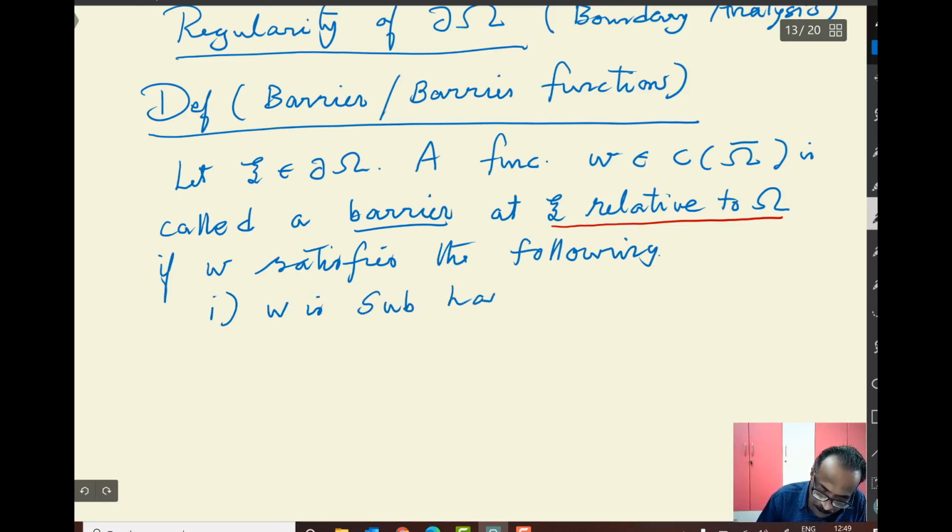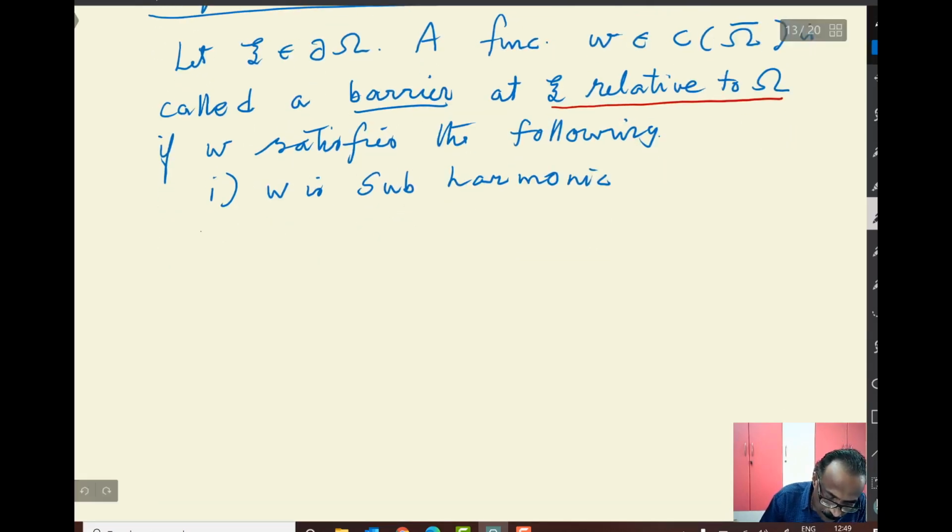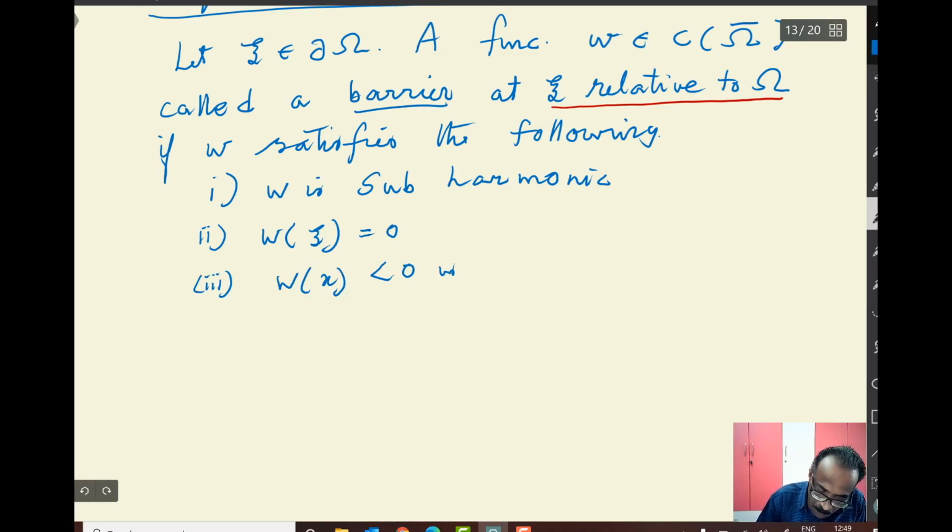It's important. Two, w(ψ) equal to 0. At that point w(ψ) equal to 0, and in other points you want w(x) less than 0 in Ω̄ minus ψ.